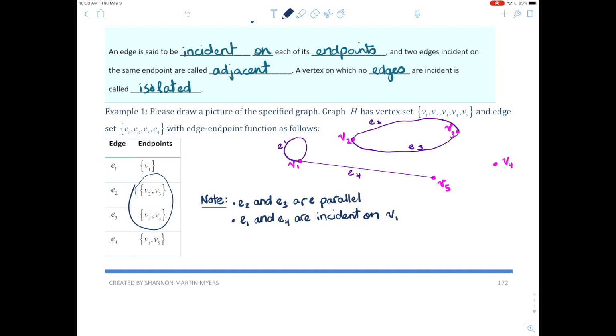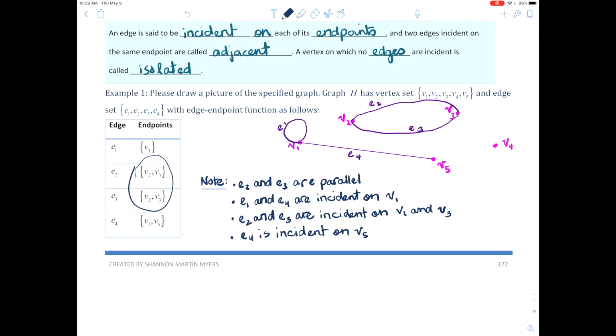So E4 would also be incident on V5. And then if we keep going in that way, E2 and E3 are incident on V2 and V3. As we said before, E4 is incident on V5.